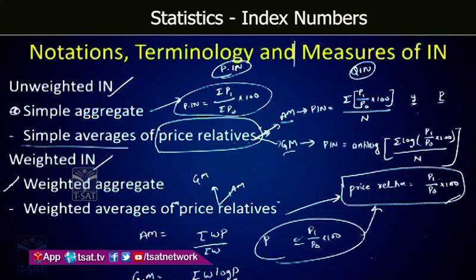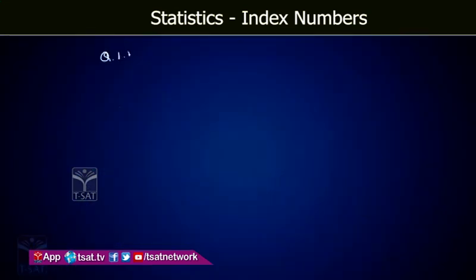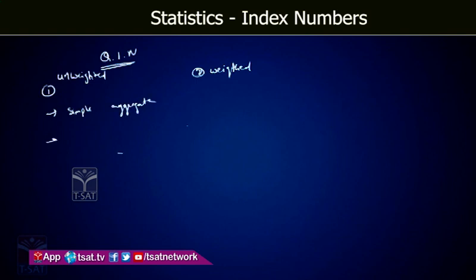Now we will see the same formulas for quantity, that is nothing but the quantity index numbers, QIN. In this also we have the same. First is unweighted, and second is weighted. In the unweighted we have again simple aggregate and simple average of price relatives.